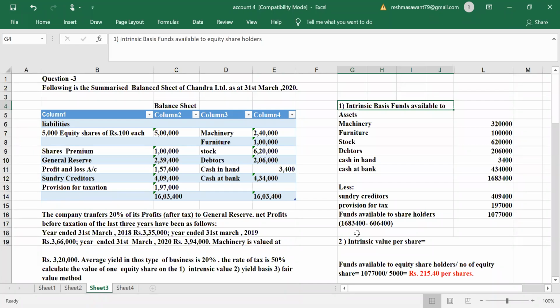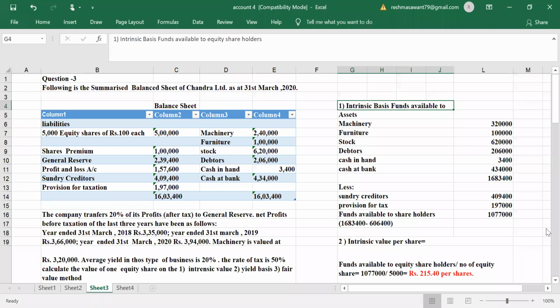In this question, preference shares are not mentioned, so we do not consider them here. Just go through the net asset valuation; if any assets are not mentioned in your adjustment, take the book value or balance sheet value. Less creditors, that is current liabilities, and provision for tax, and you will get the funds available to shareholders.